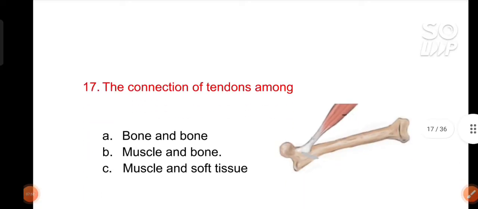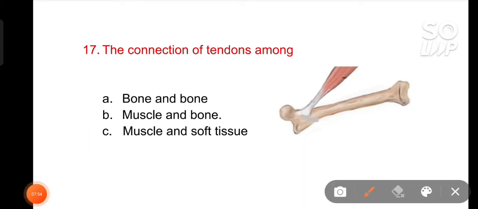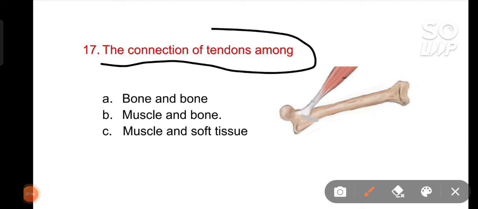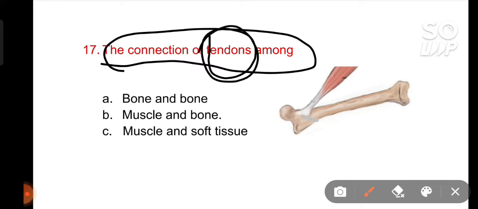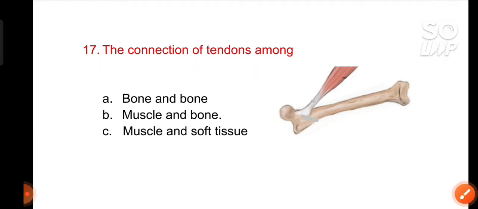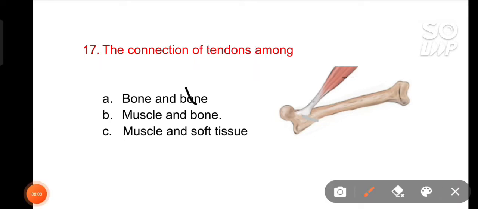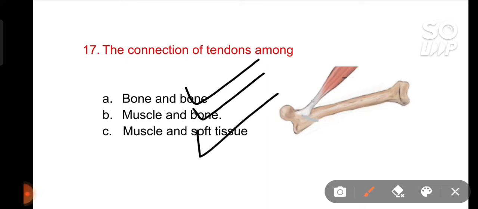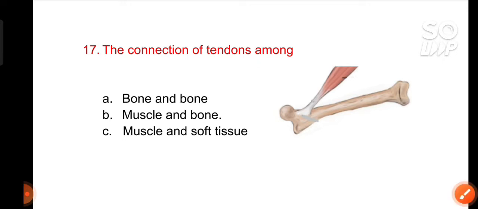The next question is the connection of tendons among. So the question is, what is the connection between which structures? The options are bone and bone, option B muscle and bone, option C muscle and soft tissue.